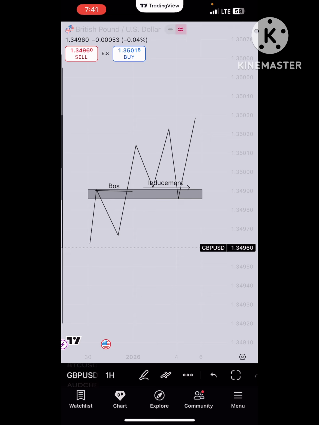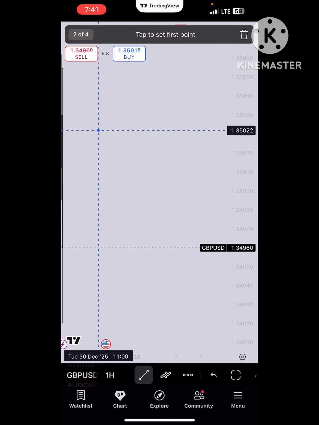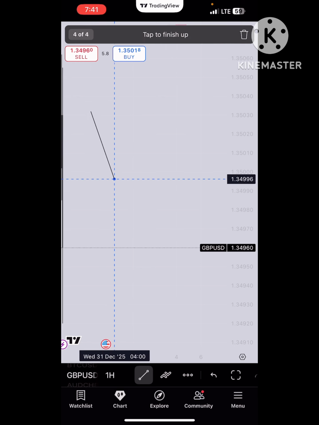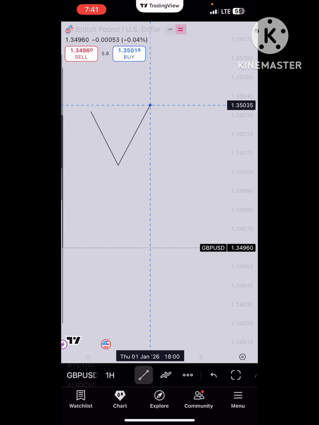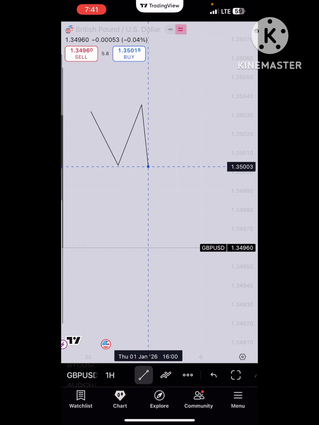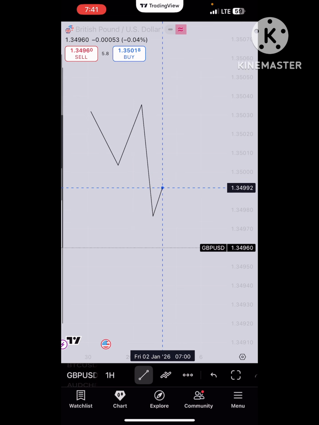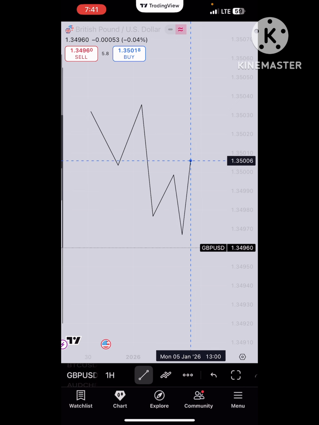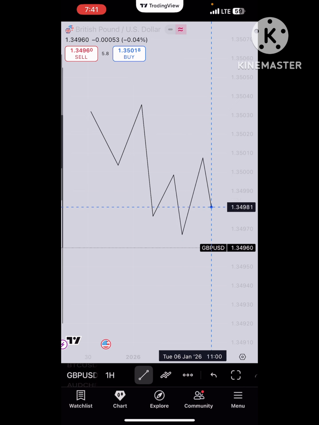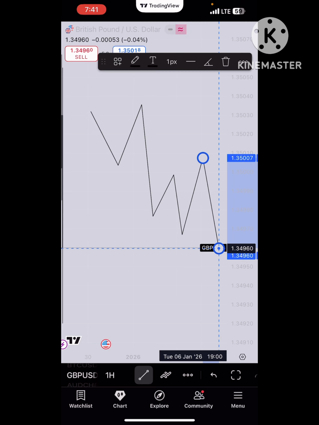So vice versa. Let me give you an example for a bearish scenario. You have something like this. Then this.